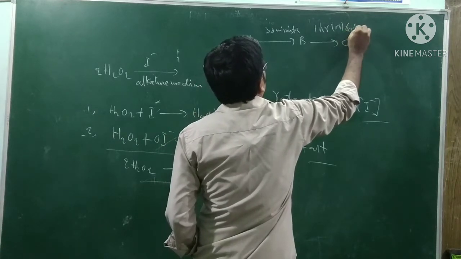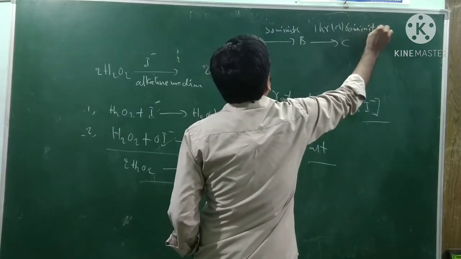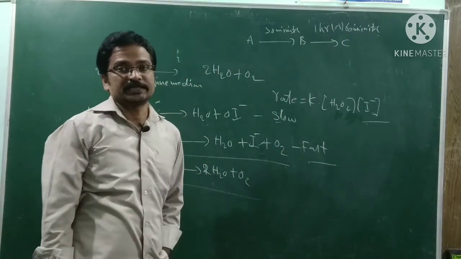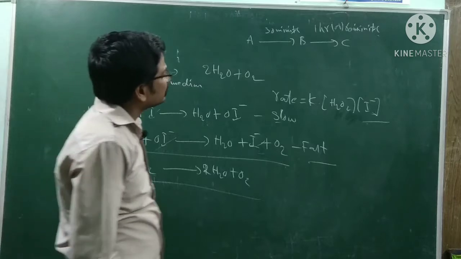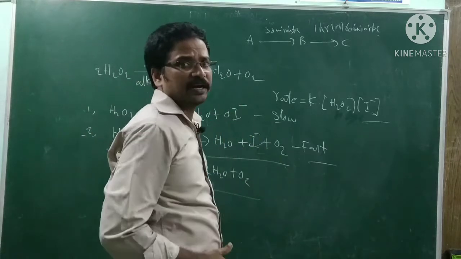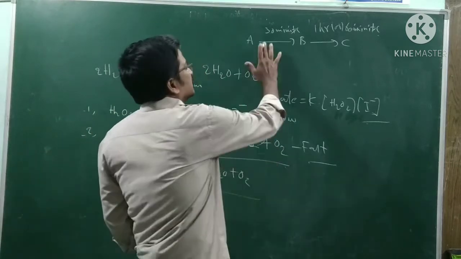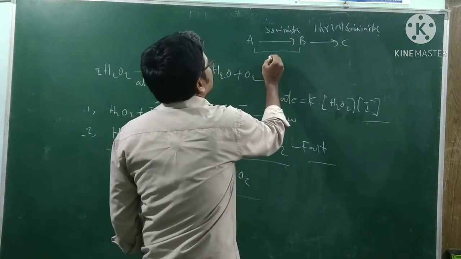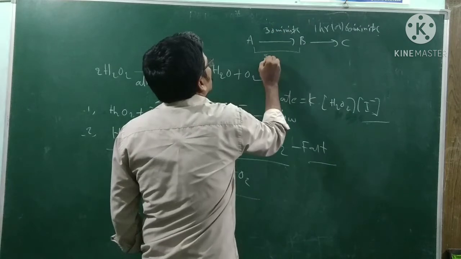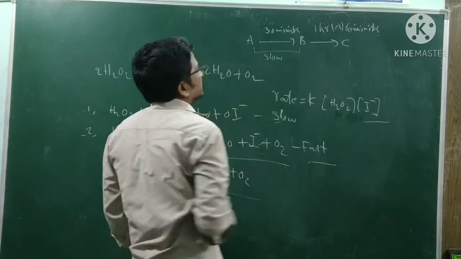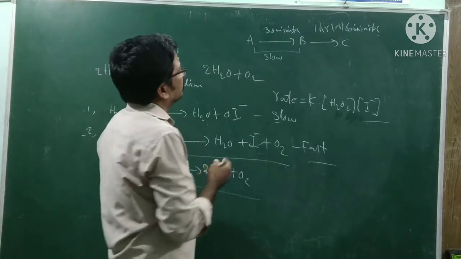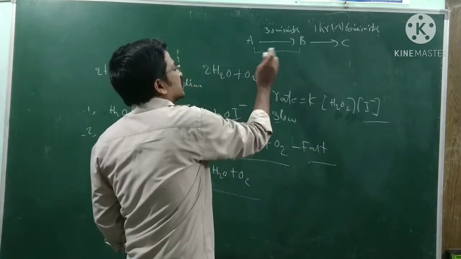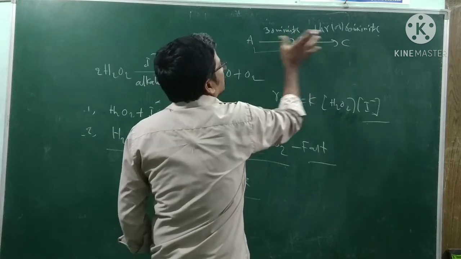From this data we can understand that A to B is fast when compared to this one.